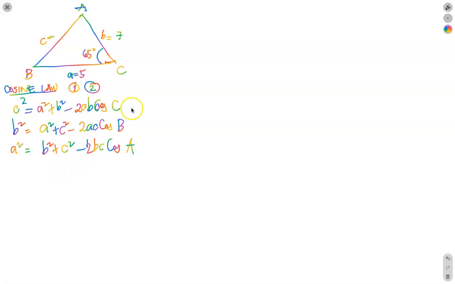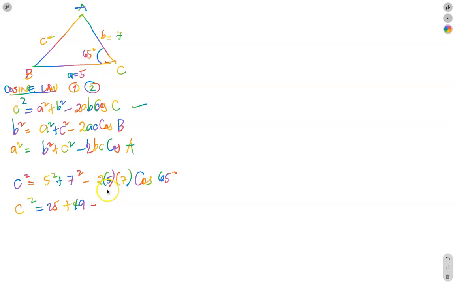So using this formula here, we have C squared equals A squared, which is 5 squared, plus B squared, 7 squared, minus 2 times 5 times 7 cosine C, which is 65 degrees. This is 25 plus 49 minus 2 times 5 is 10, times 7 is 70, and then cosine 65 degrees.